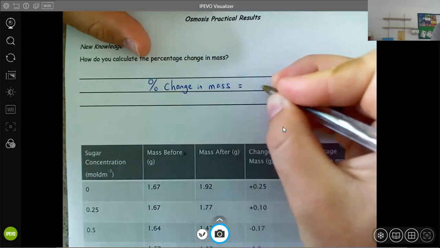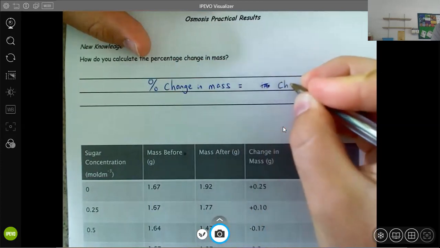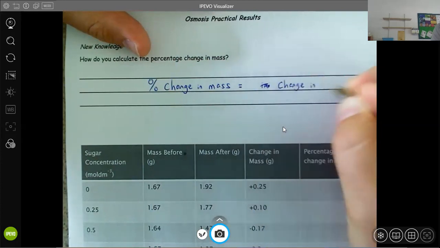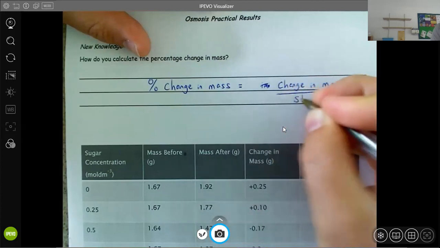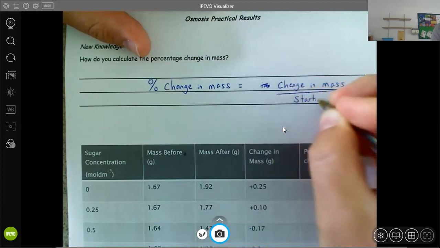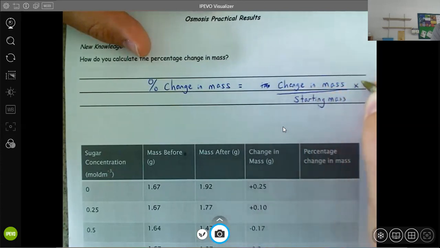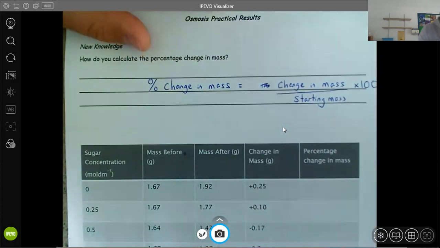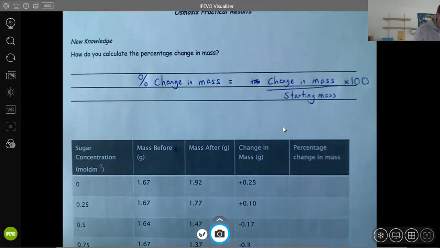We do the change in mass, and you divide it by the starting mass, and then you times that by 100. The reason we do that, Year 7, is so that no matter what the starting weight of a potato is, you can compare the result reliably.